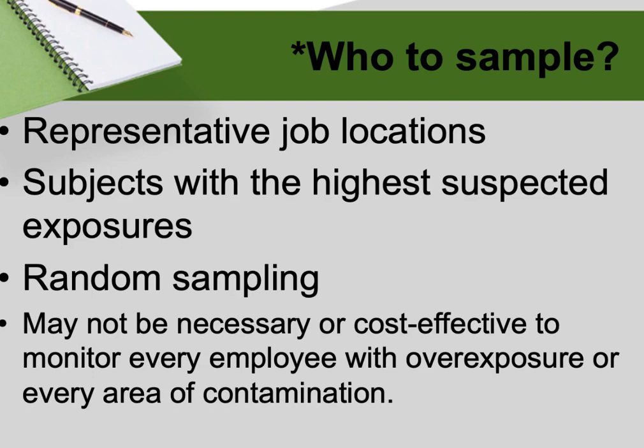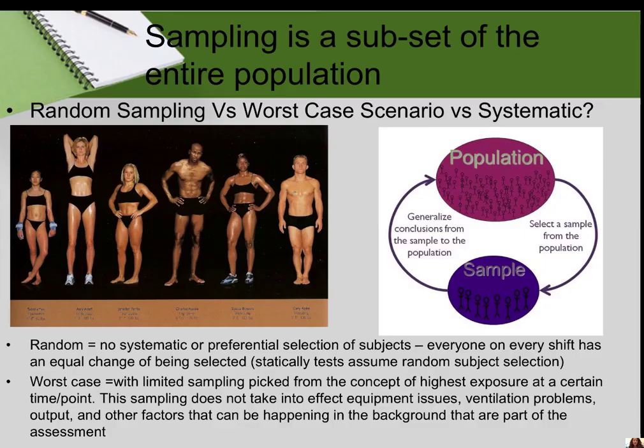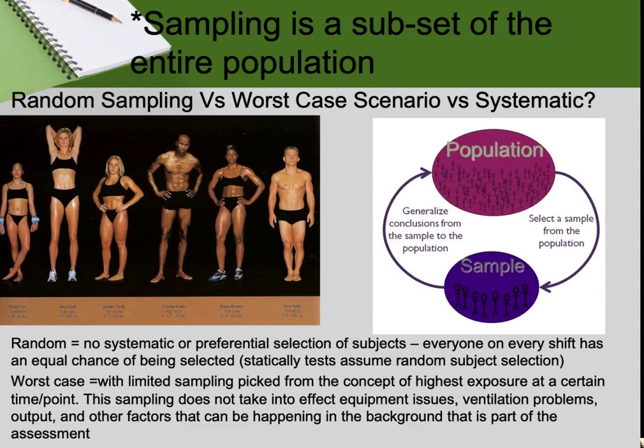And of course, most industrial hygiene programs include all of them. And it's usually not cost effective, or it certainly isn't necessary to sample everybody. But remember, when we are sampling, we are drawing some proportion of the population. We're taking our worker population and we're trying to assume some kind of representative sample that we're sampling.